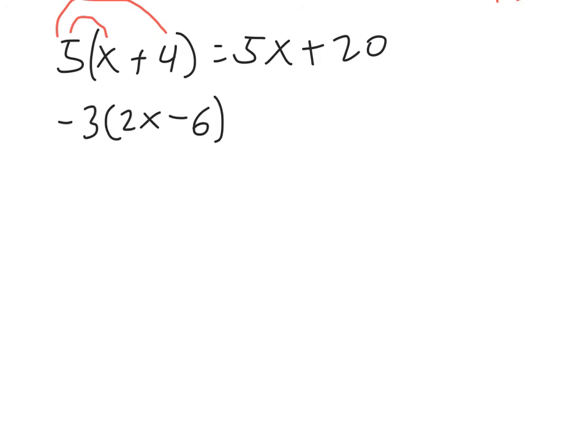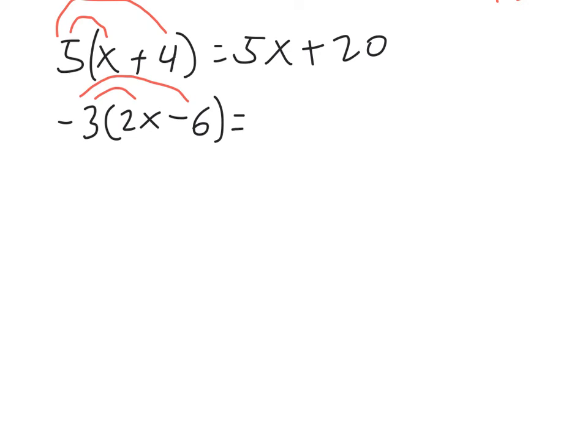Now let's look at another one. So now we have a negative 3 in front of parentheses. So we have to multiply negative 3 times 2x and negative 3 times negative 6. We have to treat this minus here as a negative. So this is negative 3 times negative 6 here. It's a common mistake a lot of people make, so just keep that in mind.